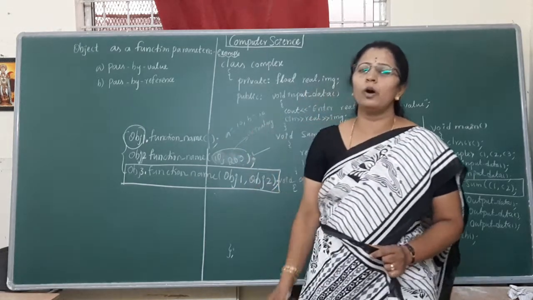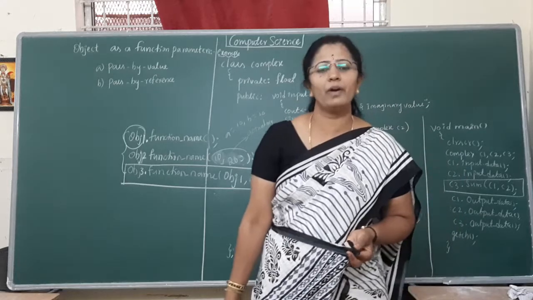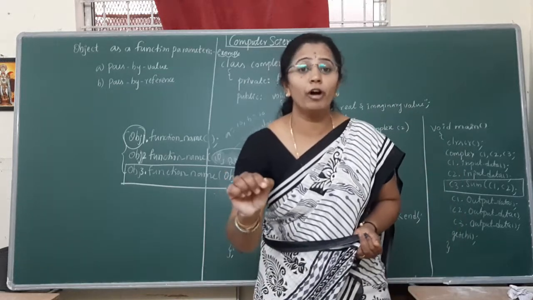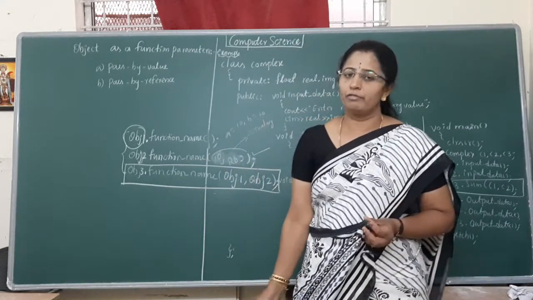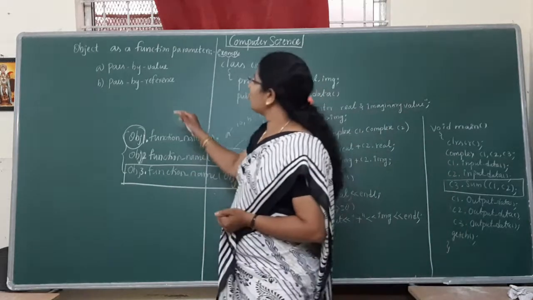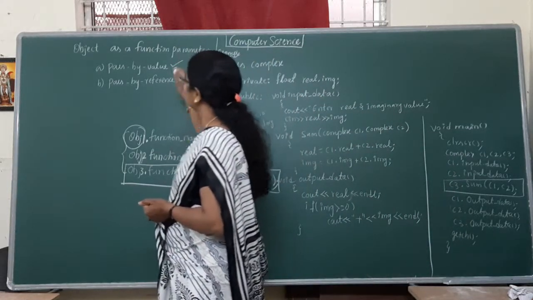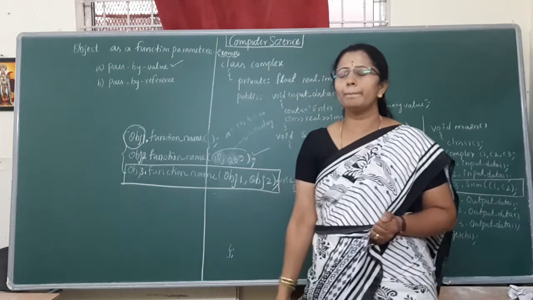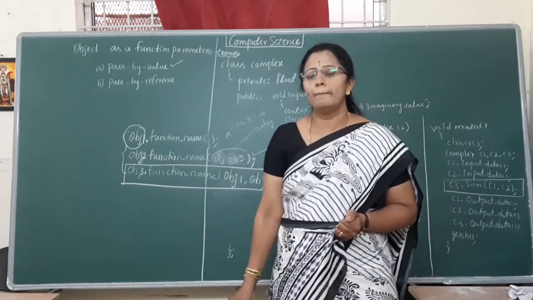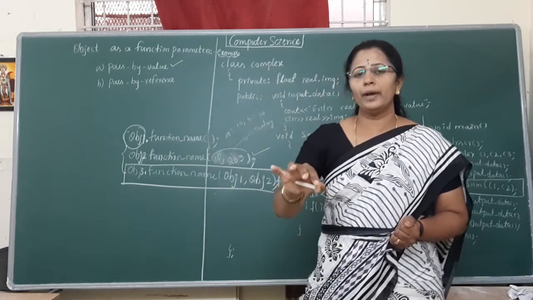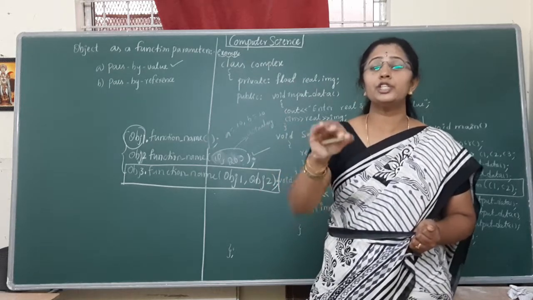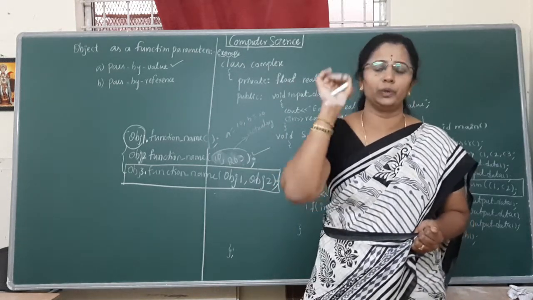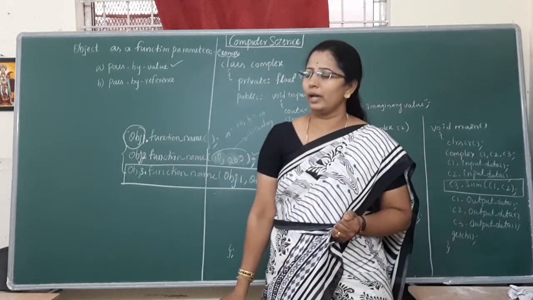We are performing the operation on those copied values present in the formal arguments. When we invoke the function with call by value or pass by value, formal parameters will create their own copy of the value.